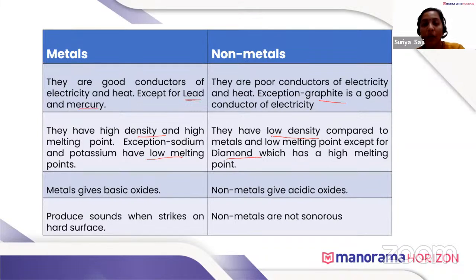Diamond has a high melting point. It's hard also. Metals give basic oxides. Metals on reaction with atmospheric oxygen will give basic oxides. Non-metals give acidic oxides. Then metals are sonorous, that is, when struck on a hard surface, they produce sound. At the same time, non-metals are non-sonorous in nature.